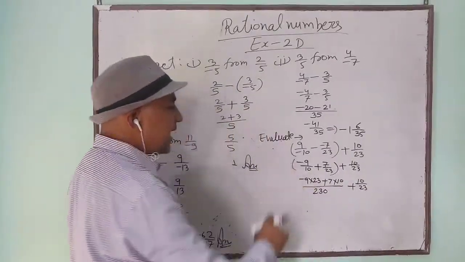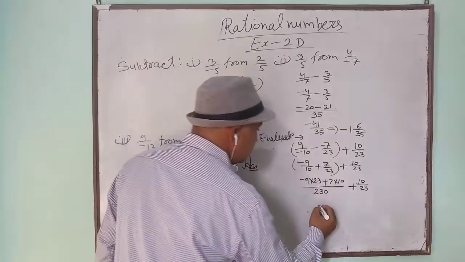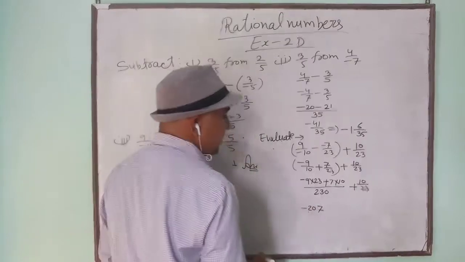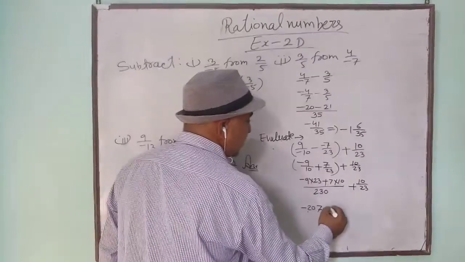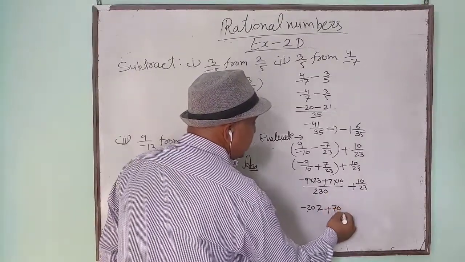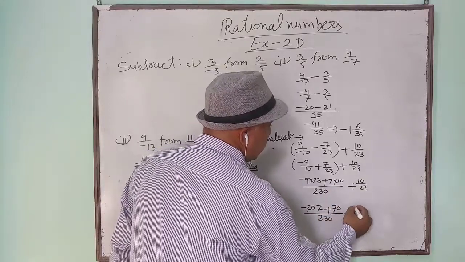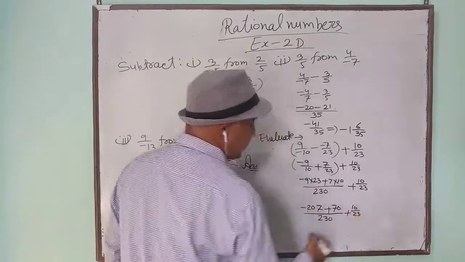Now minus 9 into 23 will come minus 207 plus 7 into 10 is 70 upon 230 plus 10 upon 23.